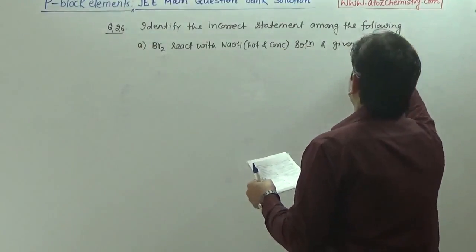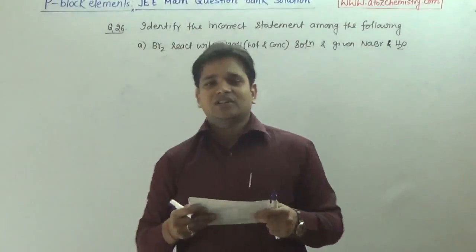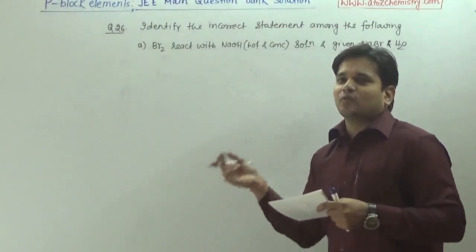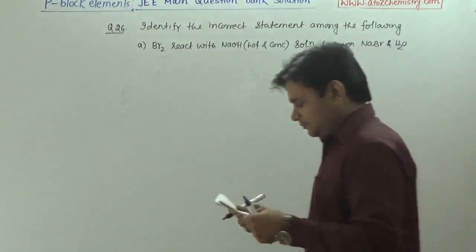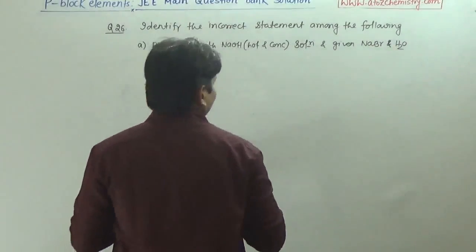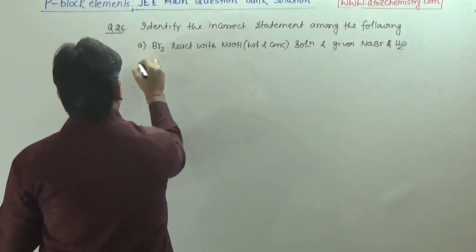As you can see, when Br2 reacts with NaOH, it undergoes disproportionation. One product is NaBr, the other product is NaBrO3. So the other product is also there, but if you look at one product, then this is a correct product.